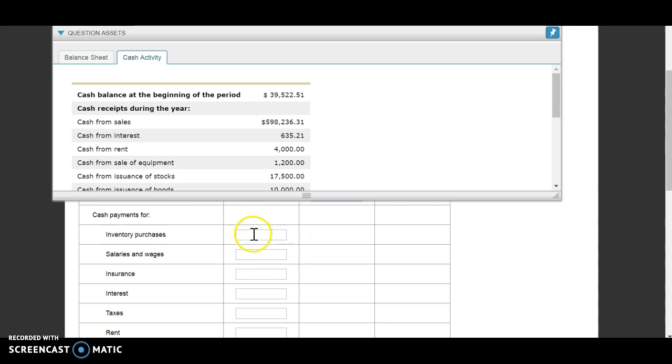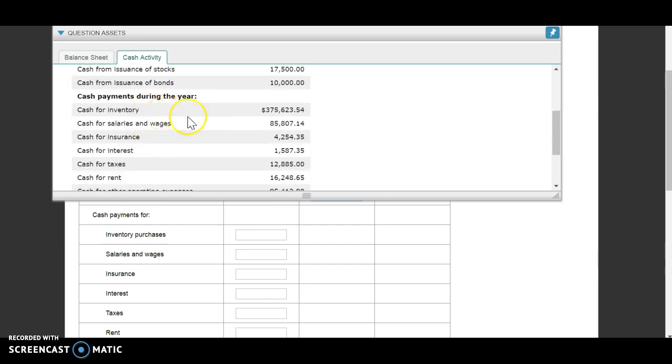Next part is the cash payments then. So this is our cash receipts. Now we need to move down to our cash payments during the year. So for inventory purchases, remember any payments need to be entered with a minus. So all of these that we're going to put minus first. 375,623.54 for salaries and wages, minus 85,807.14.